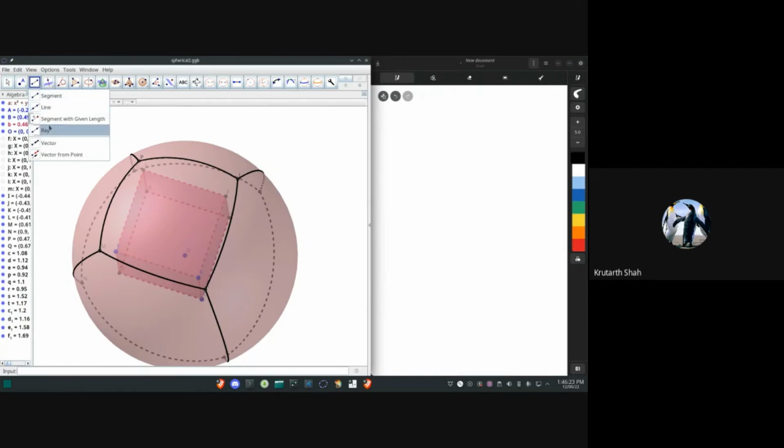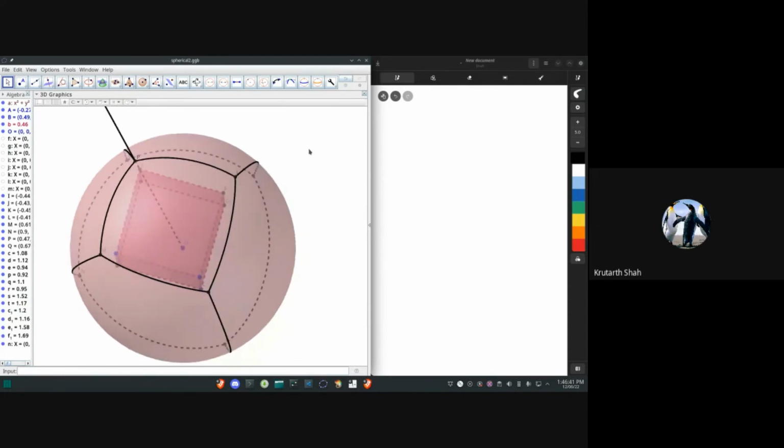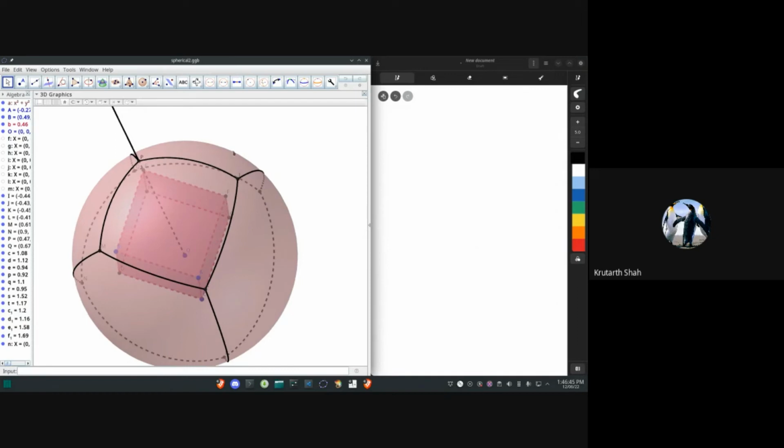I draw the ray from the center to E and mark the point of intersection of the ray and the sphere. I'll call that the projection of the point on the sphere. You can imagine it as a light source at the center. The images of the cube on the sphere will be its projection.